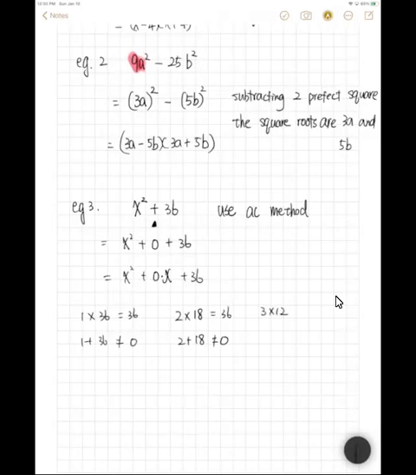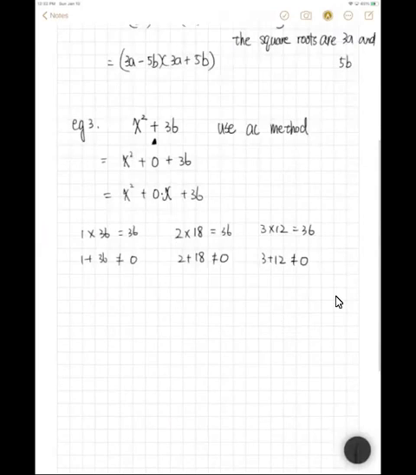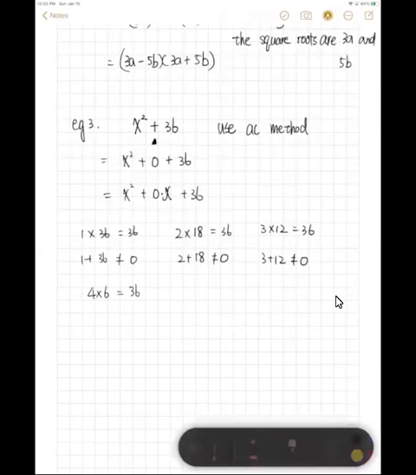Let's try 3 and 12, which multiply to 36, right? But these added together are not equal to 0. That means 3 and 12 is not the number we're looking for. So if we try 6 and 4, we still have, no, 4 and 9.